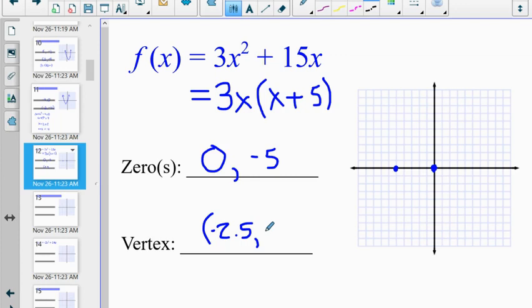When I do a negative 2.5 squared, I want to make sure that my calculator is doing that right. Ooh, it looks like I didn't plug that in my calculator right. I did negative 2.5 squared, and I thought that my calculator would know what I meant, but it didn't. Negative 2.5 squared is positive, and it was treating it like negative. A much better number here. I got negative 18.75.